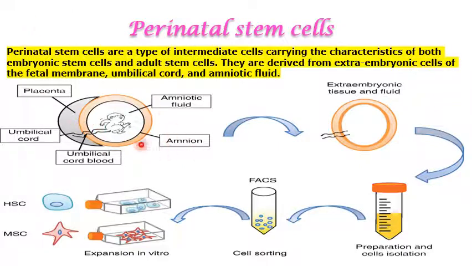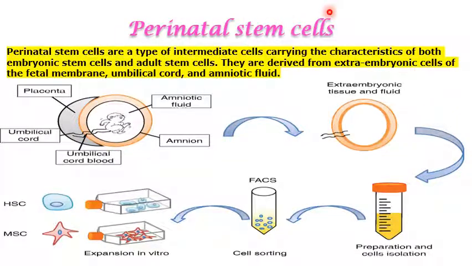These are collected from there, and these cells are active, non-tumorogenic, and have the potency to differentiate into cells of endothelium, and even neural cells are formed by these perinatal stem cells.